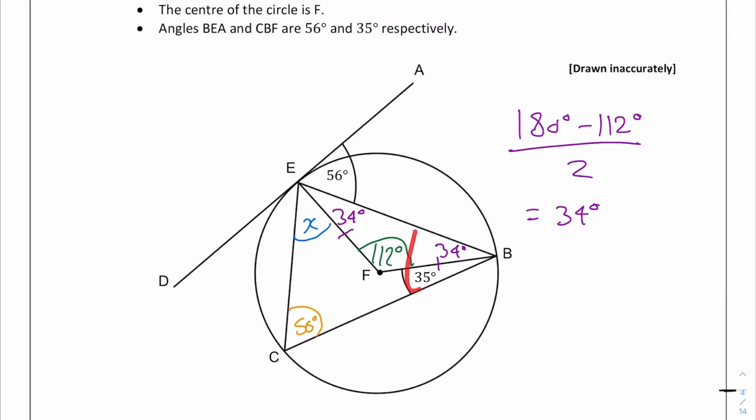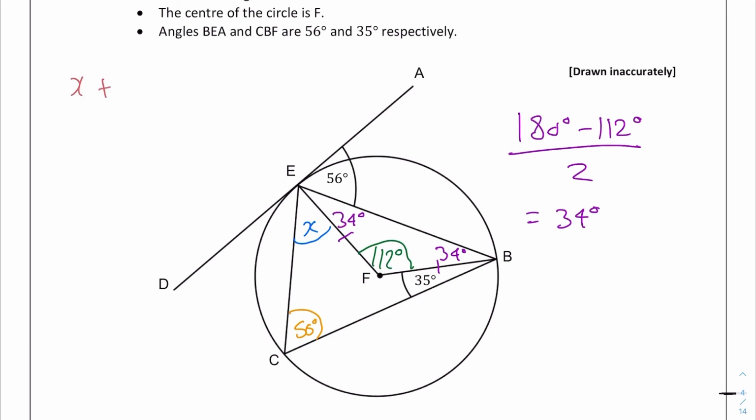So we've got so many different angles on this diagram, but the only one we want is this X. The last thing I notice is that this right here is a triangle within the circle. That just means this angle plus this angle plus this angle must equal 180 degrees. So we have X plus 34 plus 34 plus 35 plus 56, and we know that's equal to 180 degrees.